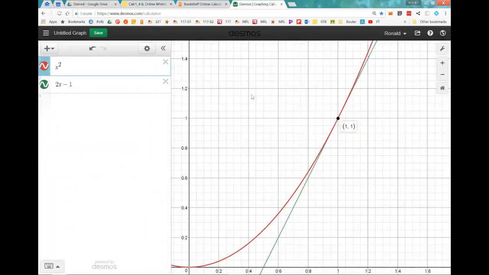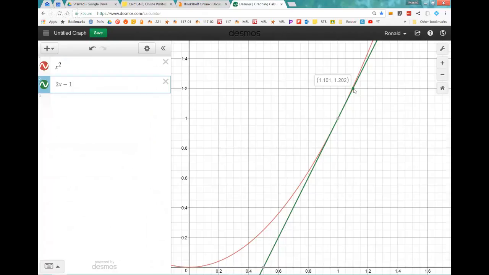So in other words, if I wanted to go back and find the height of this graph at, let's say, 1.2, so that would be right here. I'm sorry, at 1.2, we're up here. At 1.1, here we go.